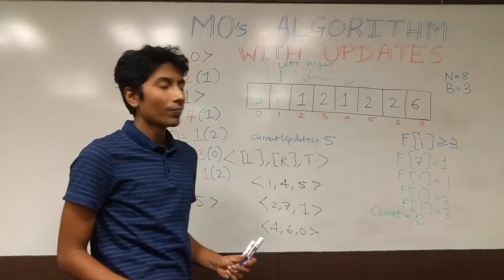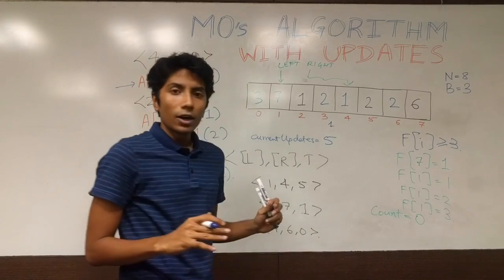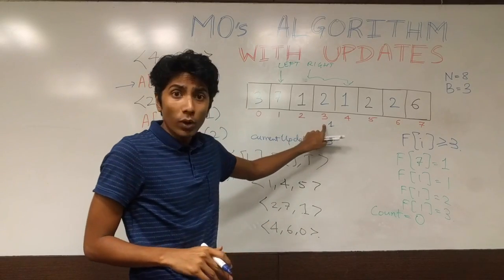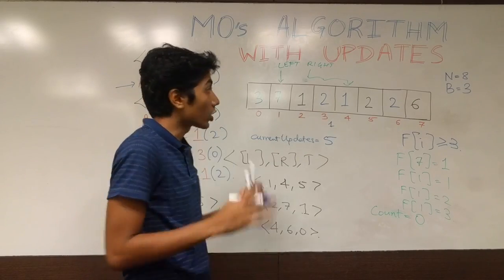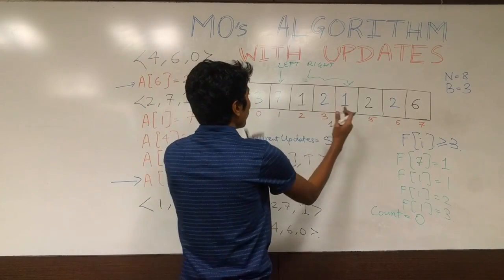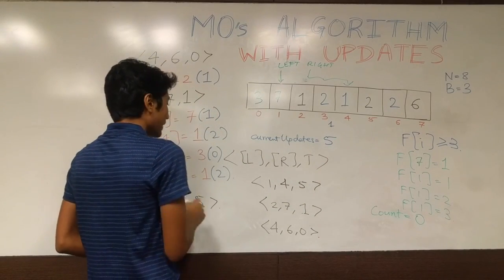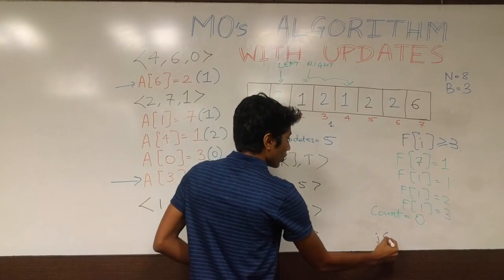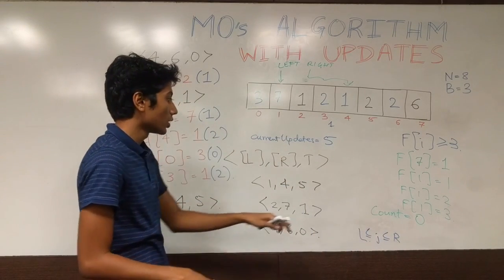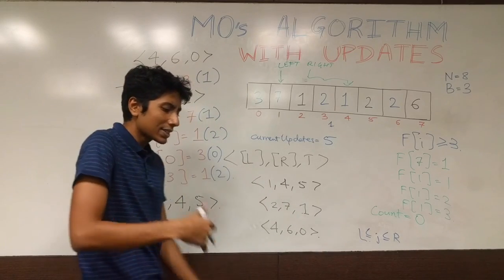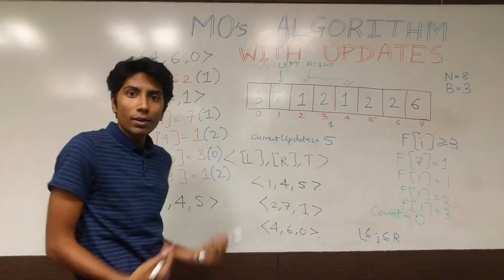But that's not all. This value was 1. I'll just write that down. The frequency of 1 basically got decremented and the frequency of 2 got incremented because this value falls in the range that we are looking at right now. So this index j falls within left and right, and therefore we need to perform an operation. Whether it is making an update or undoing an update, it doesn't really matter.